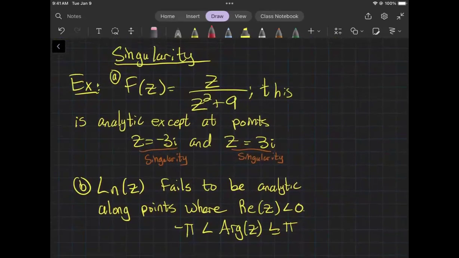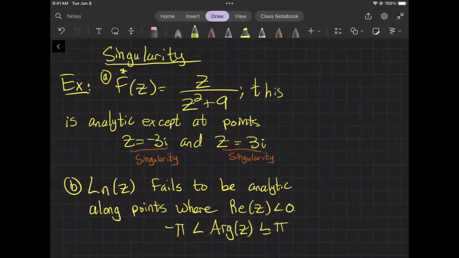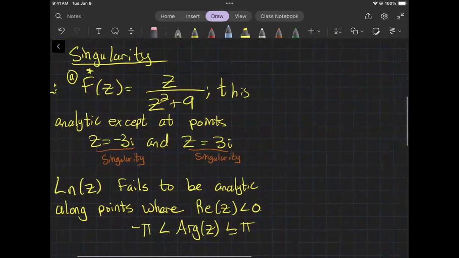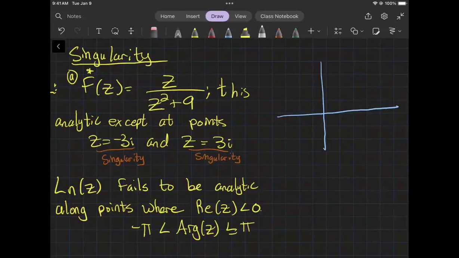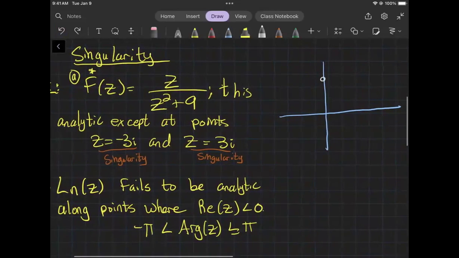So as an example, if we go back to the couple of examples: in part A, z equals negative 3i and positive 3i are singularities. They're also isolated singularities, okay? So 3i is here, then minus 3i is here.